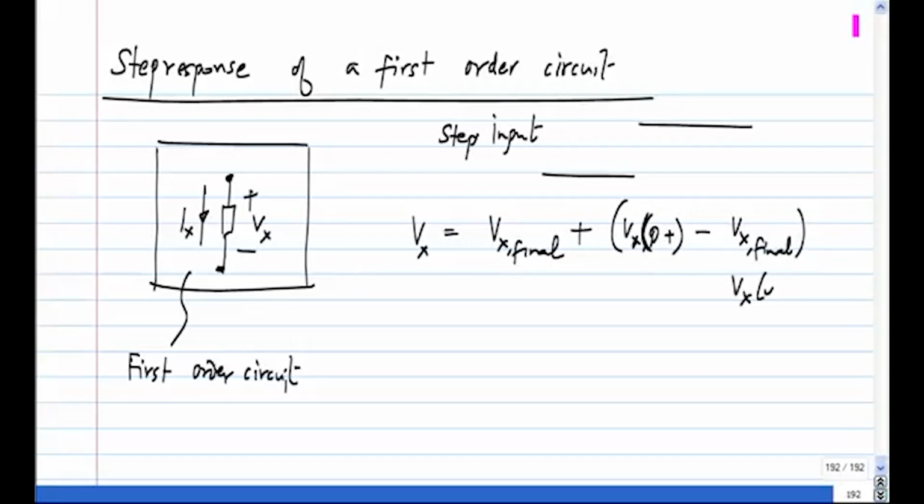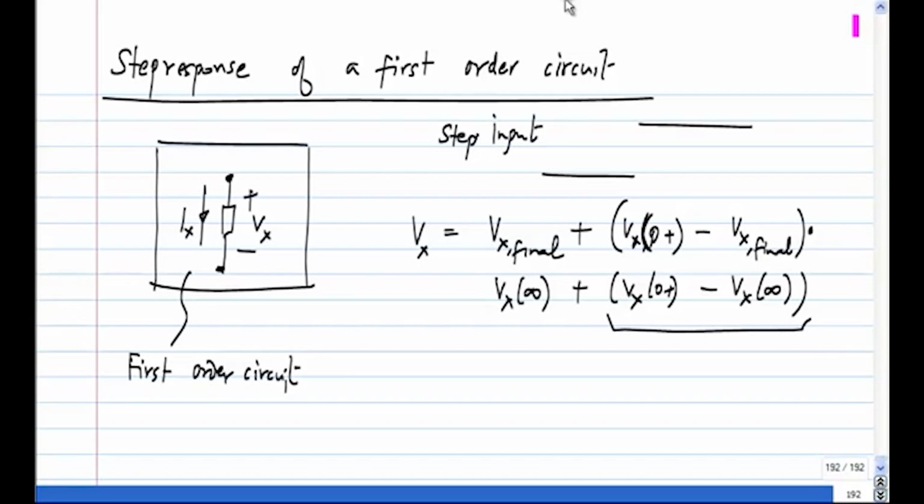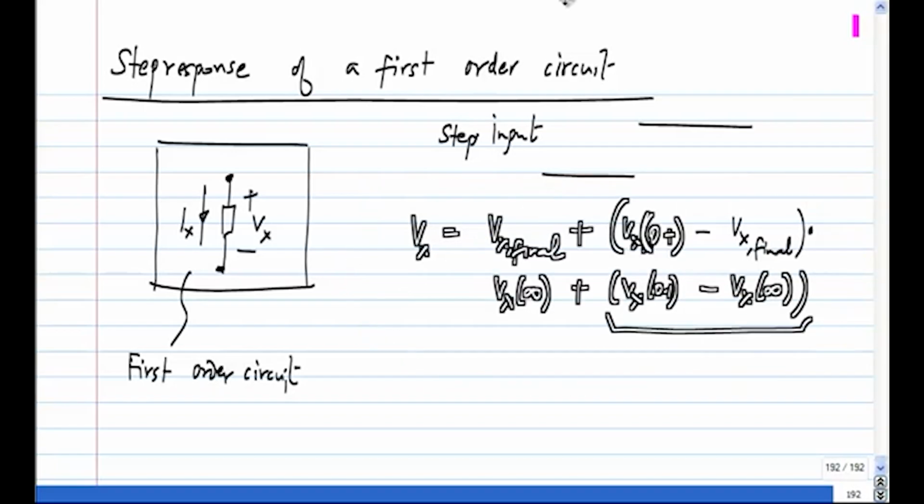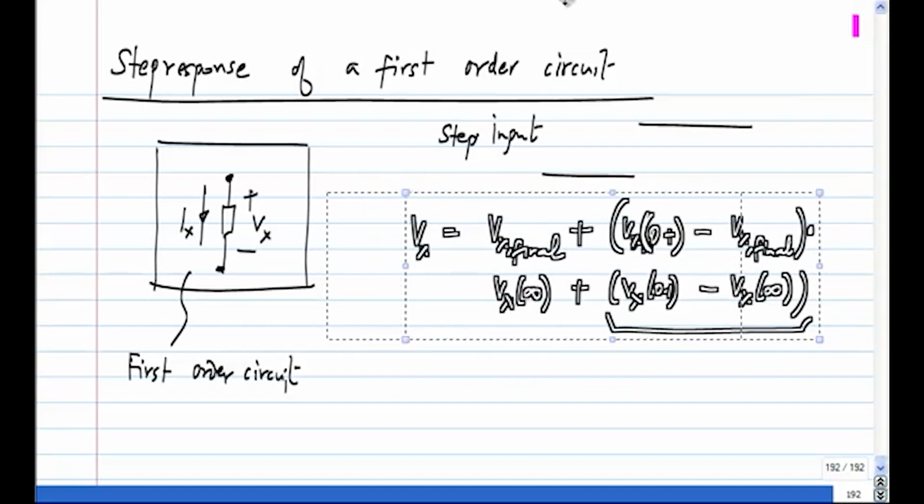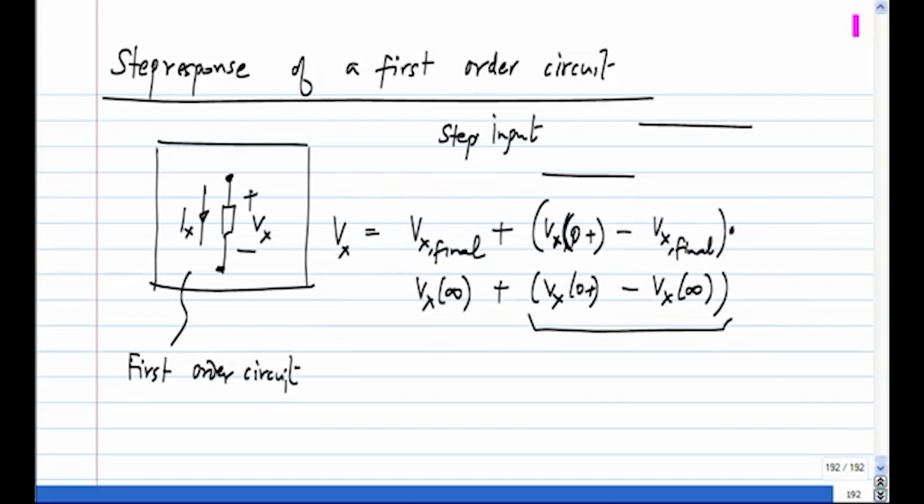So I could also write this as Vx of 0 plus minus Vx of infinity. And this part is the part that dies out. That's the natural response, right? And this will be multiplied by exponential minus t by tau.